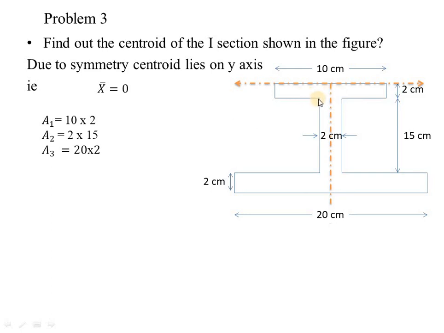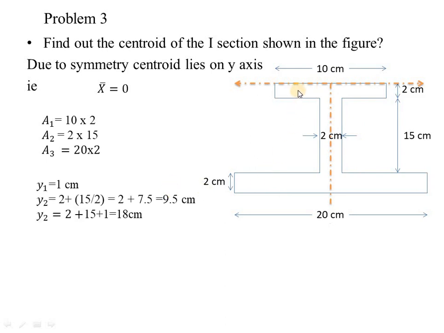This flange will be the first one. This web will be the second portion, and this flange will be the third portion. So, A1 is equal to 10 into 2, A2 is equal to 2 into 15, and A3 is equal to 20 into 2. Now, we have to find out the y distances, that is y1, y2 and y3.